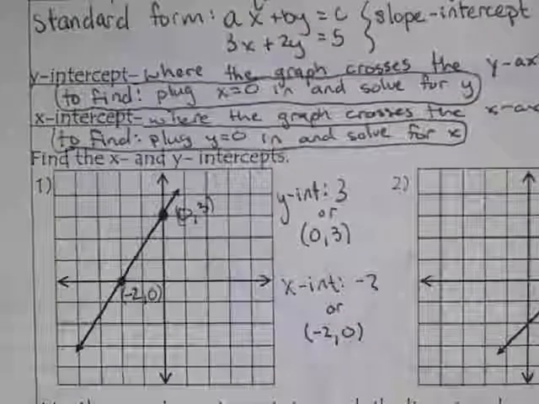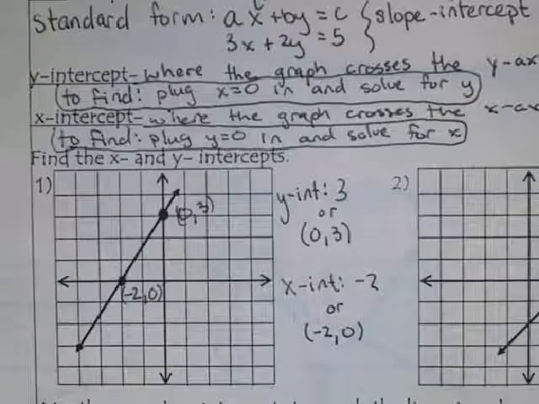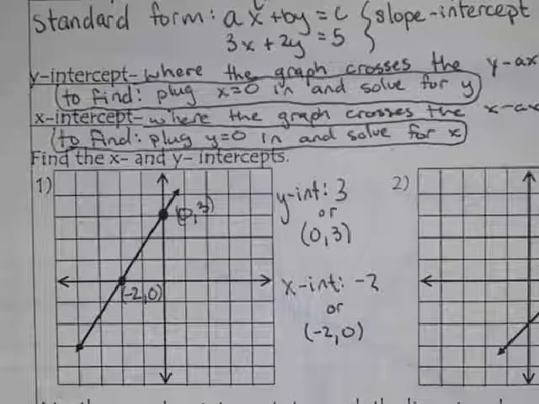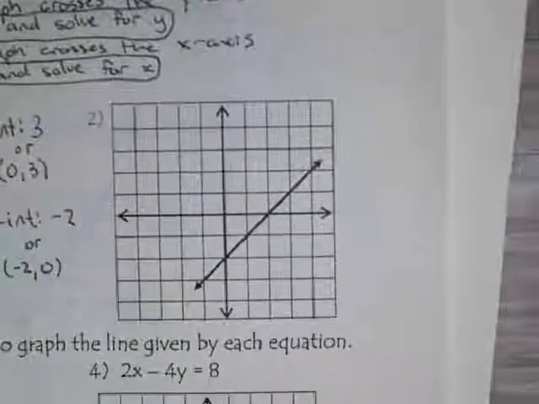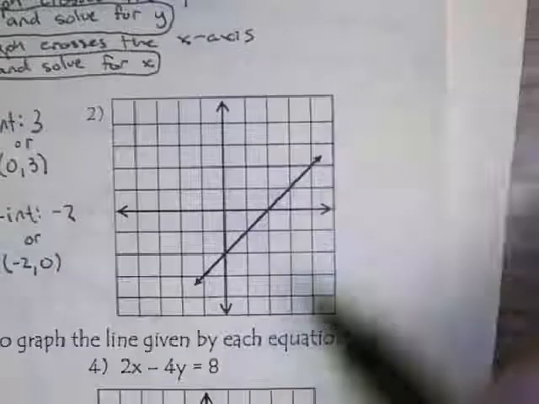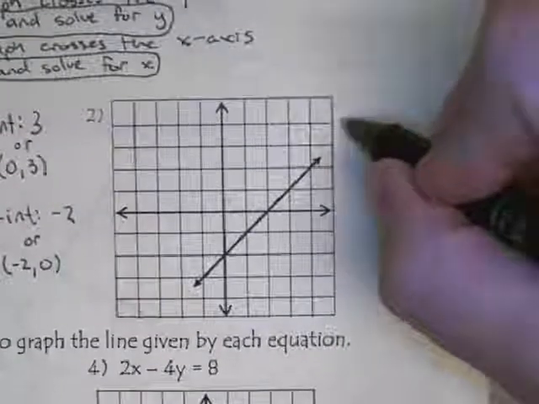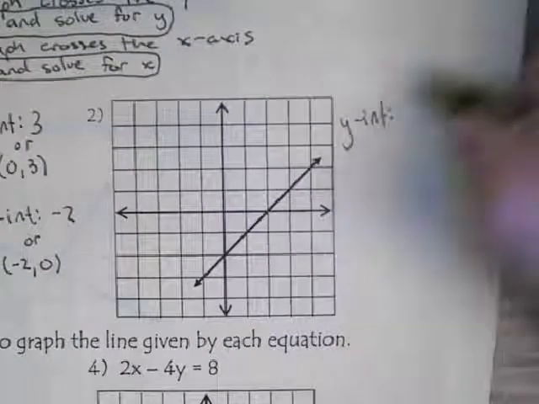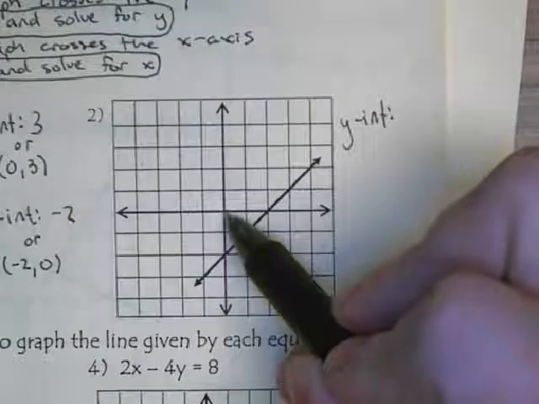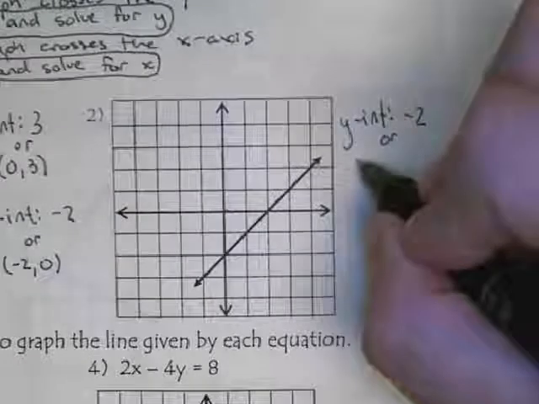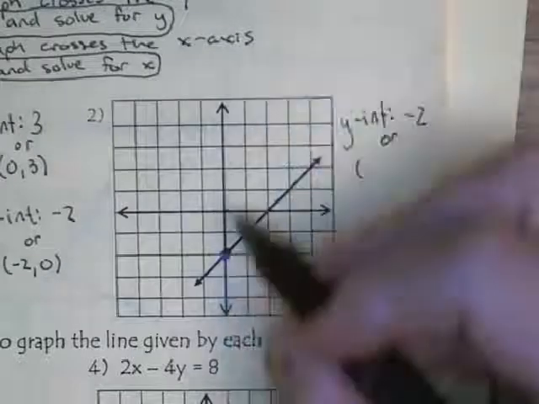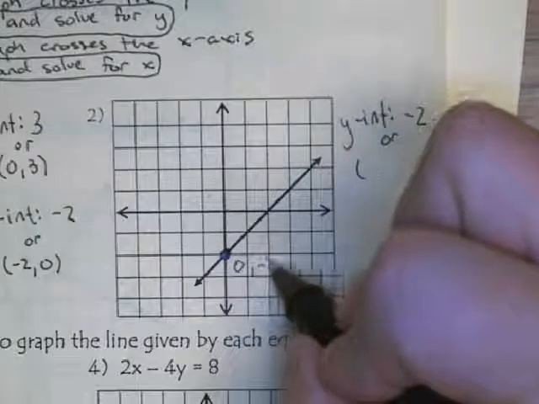So if you would, go ahead and pause right here and try number 2. Okay, so hopefully you took the chance to try number 2. Well, if we look, we see our y-intercept is going down from our origin 1, 2, so at negative 2, or the point 0, negative 2.